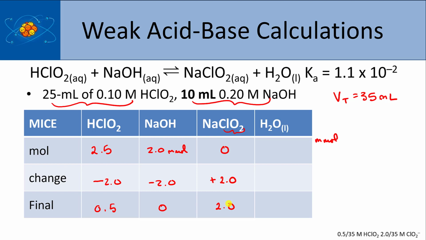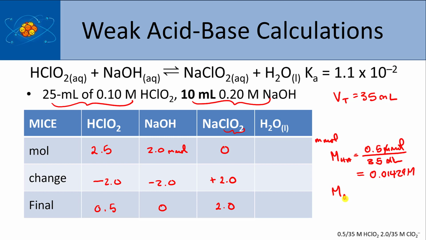Well, now what we have to do is the equilibrium calculation. And to do that, you're going to need the molarities of the acid and its conjugate base. So the molarity of the acid is just going to be 0.5 over 35, exactly the same that we did for the strong acid, strong base titration. That'll cancel and get moles per liter. So I'm going to end up with 0.01429 molar.